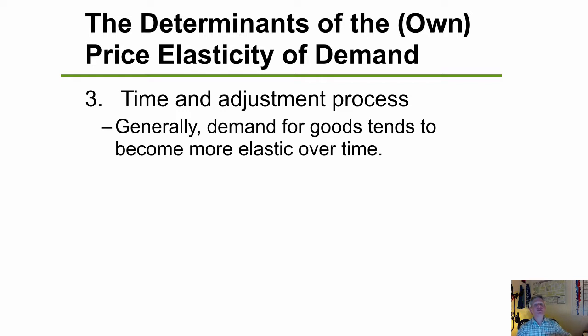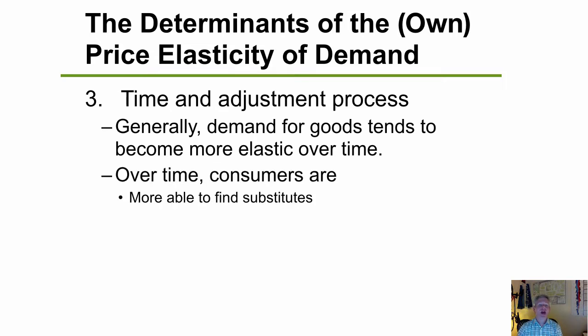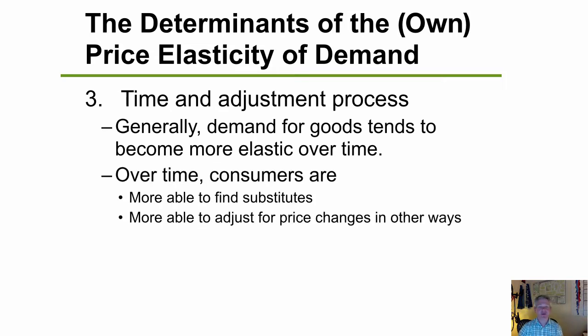Over the course of a year, your demand for, say, housing is more elastic because if the price changes, you can adapt to that if given a year. However, if given a week, your demand is very inelastic. It is very hard for you to change your quantity demanded of housing over the course of a week. Over time, consumers are able to find substitutes. They're able to adjust for price changes in other ways.